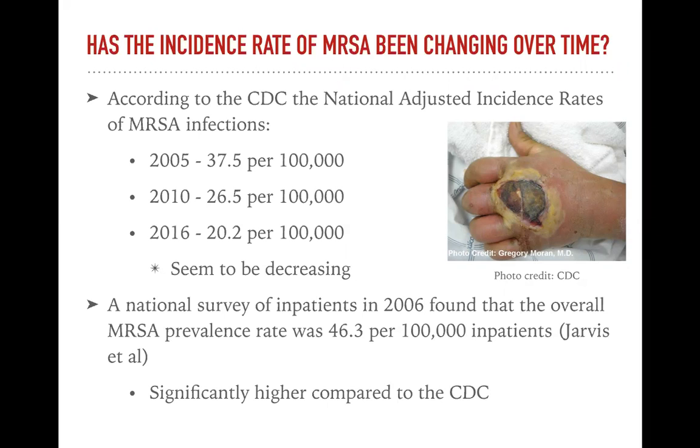A national survey of inpatients from different authors in 2006 found that the overall MRSA prevalence rate was 46.3 per 100,000 inpatients, which is significantly higher than the rates seen in the CDC's data.